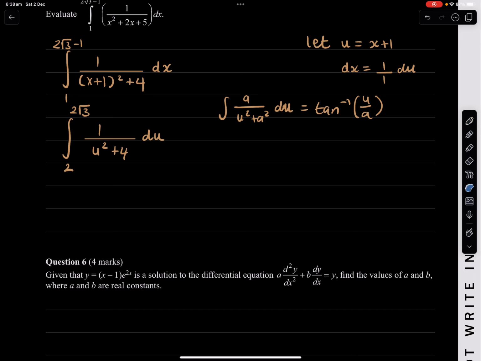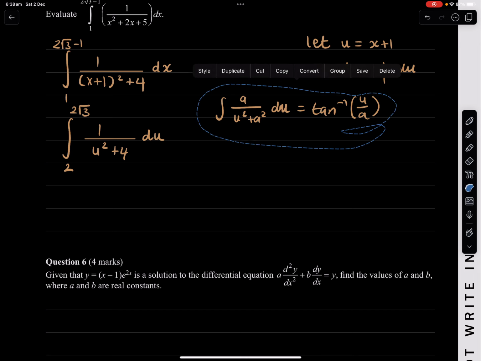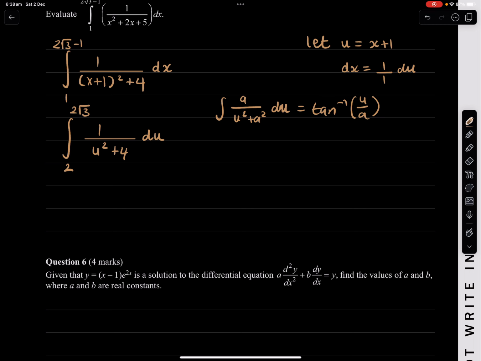Doesn't that look very similar? But there's a problem. Our a value is 2, so we don't have 2 on top. If I put a 2 on top, I need to compensate for that 2. So I'm going to multiply by a half constant in front. Imagine that half times 2 is just equal to 1. So that's good. And now we can nicely write it like that.